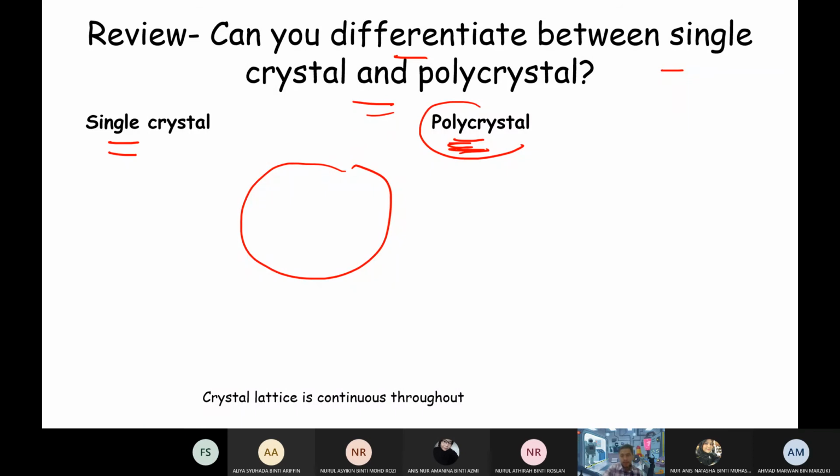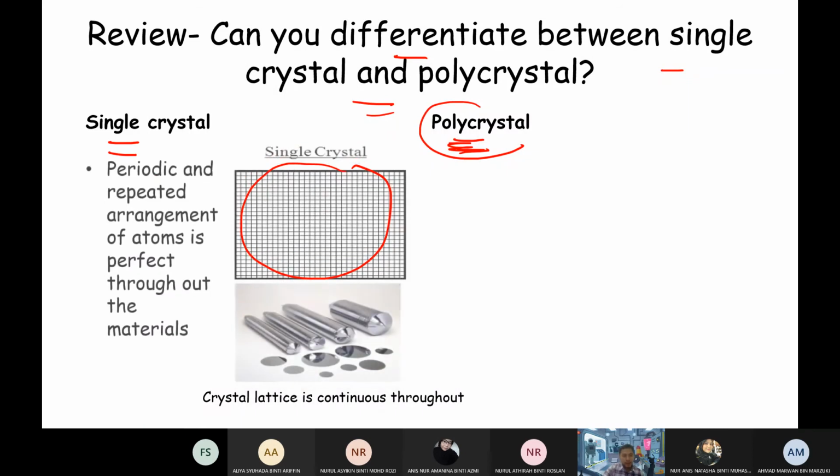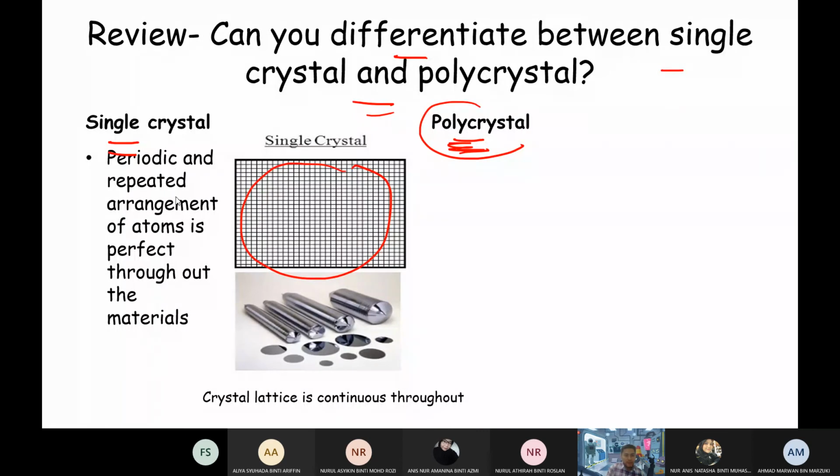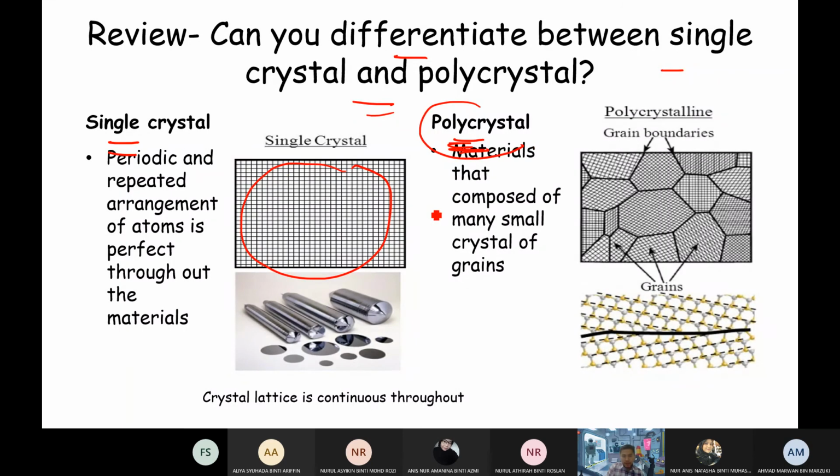Okay, for single crystal, we have a periodic arrangement of atom throughout the material. For polycrystal, we have grain here.